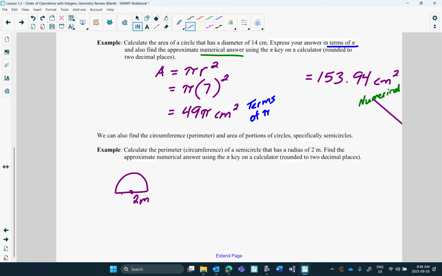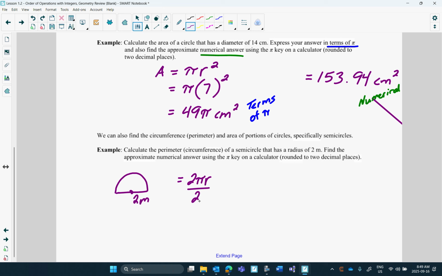The formula is 2 pi r divided by 2. Pi r, which is the formula for the circumference, divided by 2. That's all you're going to do? Okay.